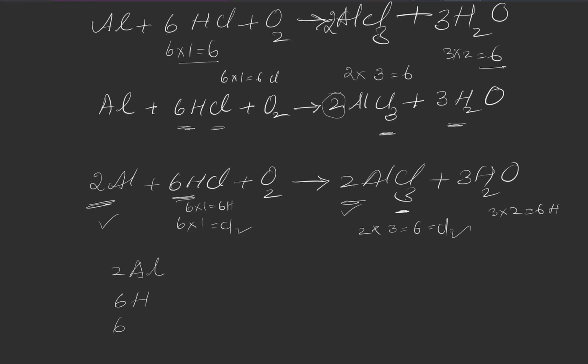Sorry, not hydrogen. 6 Cl. On the left hand side, just leave the oxygen for the time being. On the right hand side, in the product side, 2Al, 2 into 3, 6 chlorine, 3 into 2, 6 hydrogen. Everything is balanced.